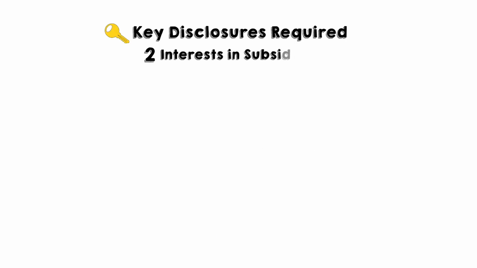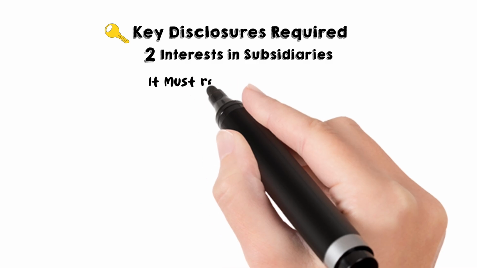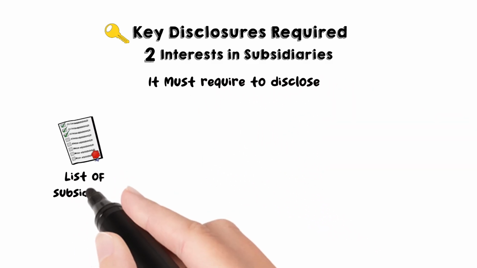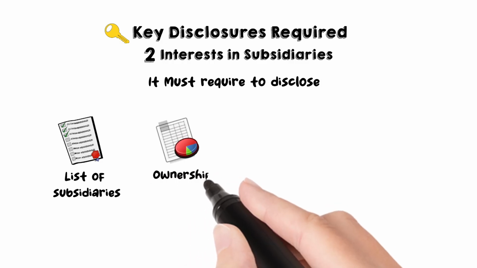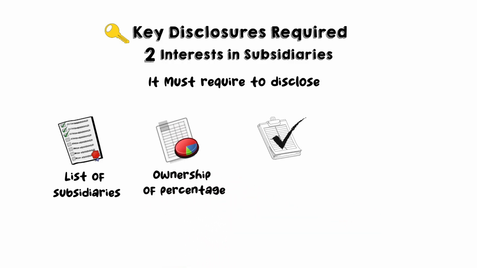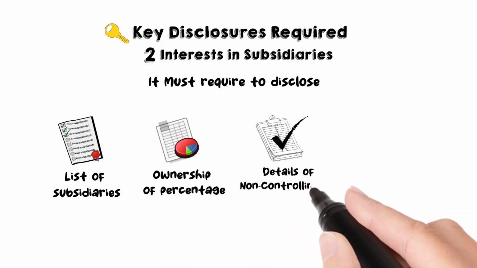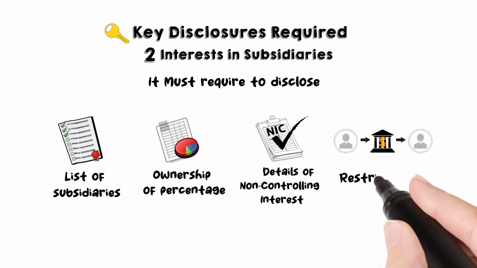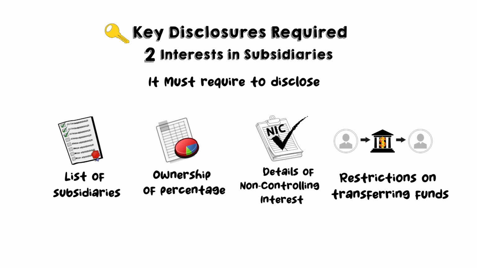Interests in subsidiaries: it must disclose the list of subsidiaries, ownership percentage, details of non-controlling interest, NCI, and restrictions on transferring funds.